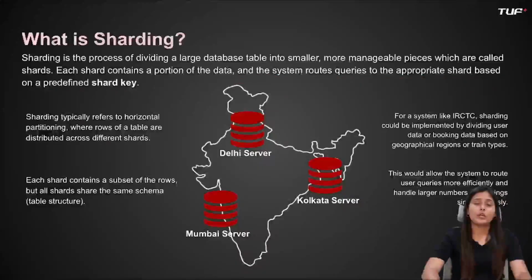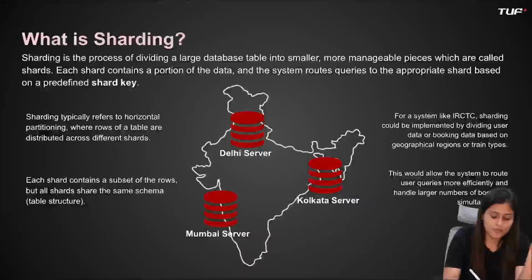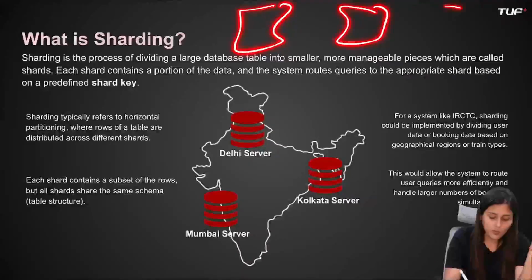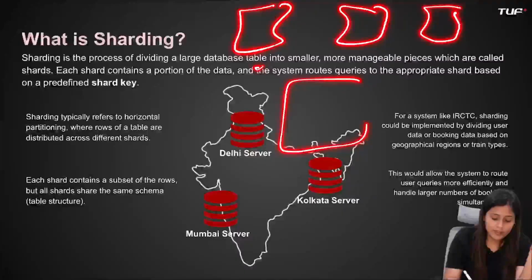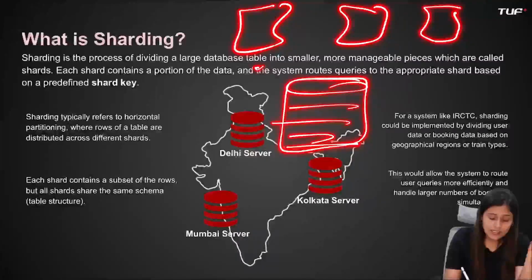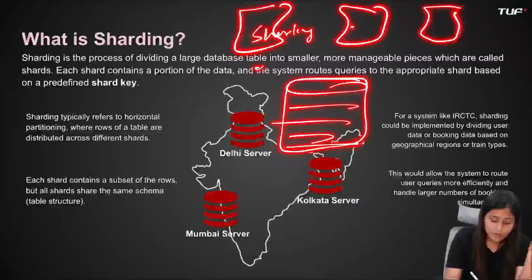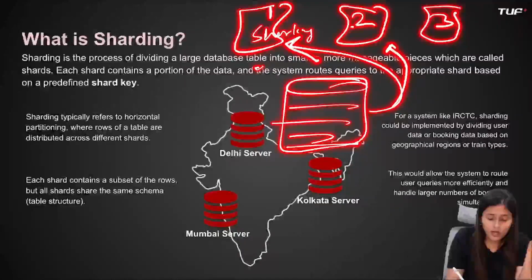So we will have some shards, shard 1, shard 2 and shard 3, and from the database we will have multiple data. On the basis of the shard key, it will select which shard to route to: shard 1, shard 2 or shard 3.